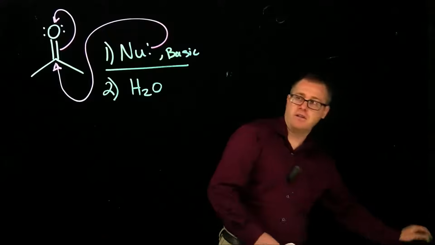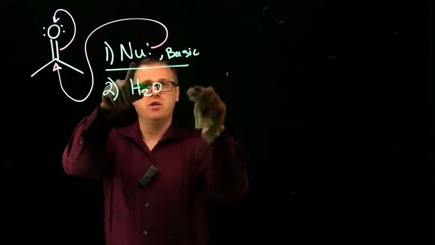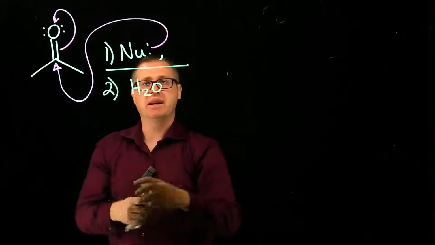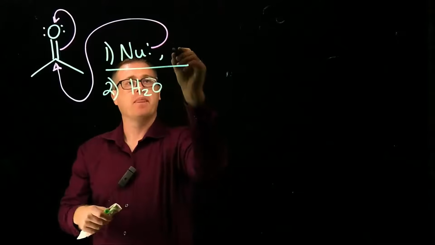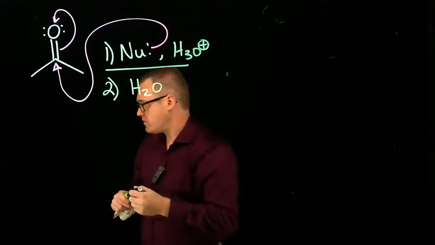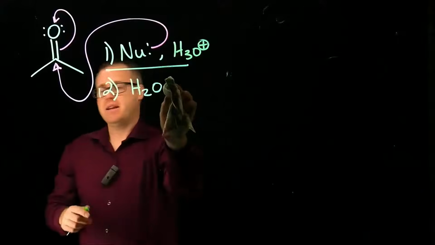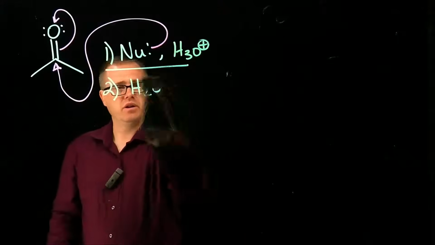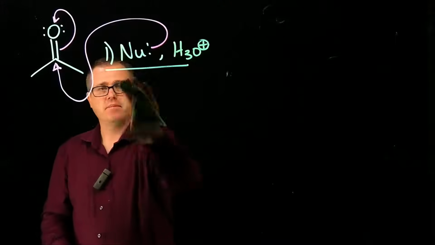And we've learned that when we have a weak nucleophile, we can't use basic conditions. It has to be acidic conditions, right? And under acidic conditions, we don't really need that aqueous workup.